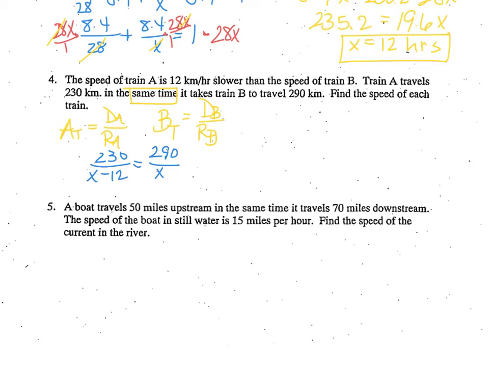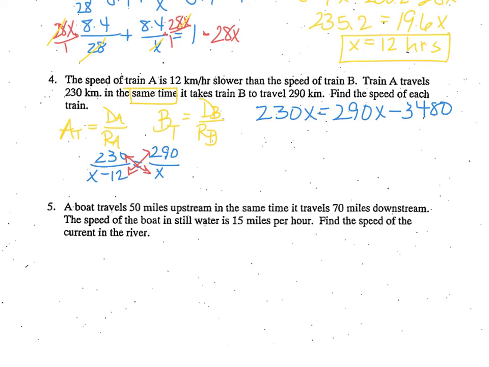If you cross multiply these, remember that it's a proportion, so we cross multiply, we get 230x is equal to 290x minus 3480.